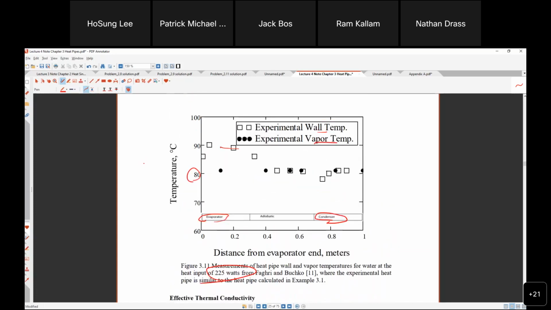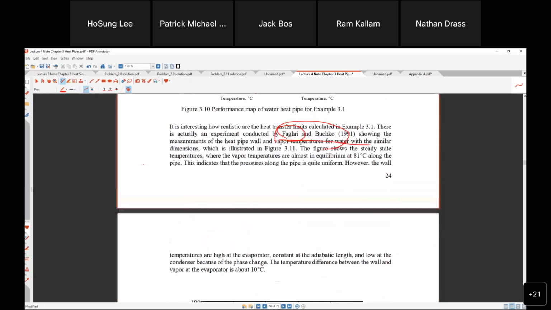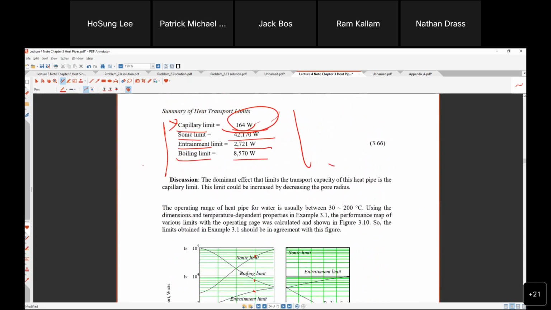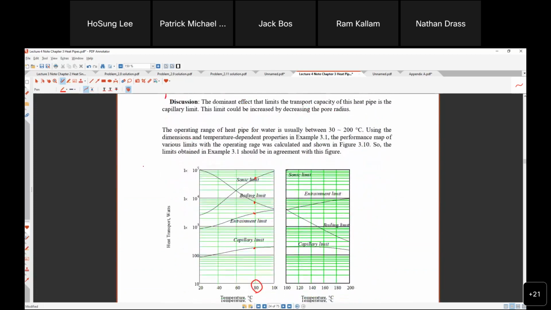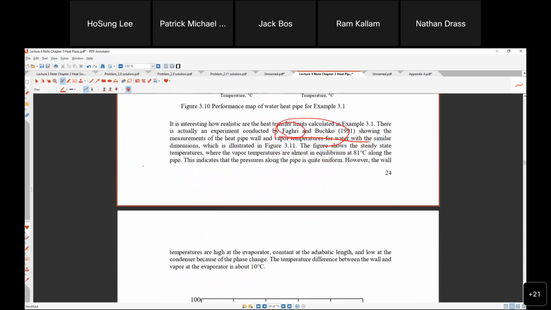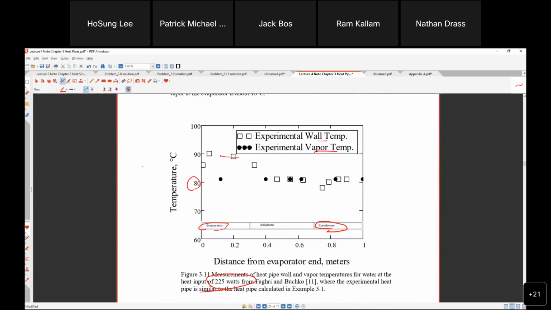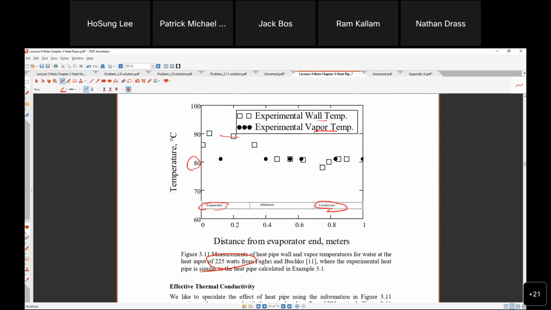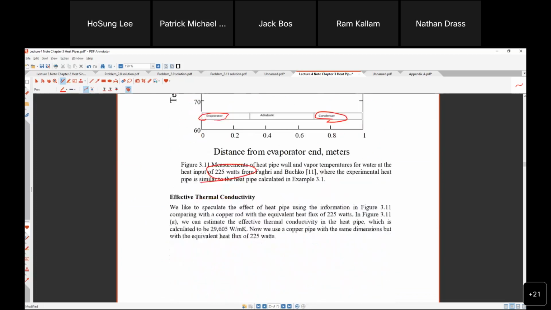Our calculation was 164, versus 225. It's not exact agreement, but not bad.